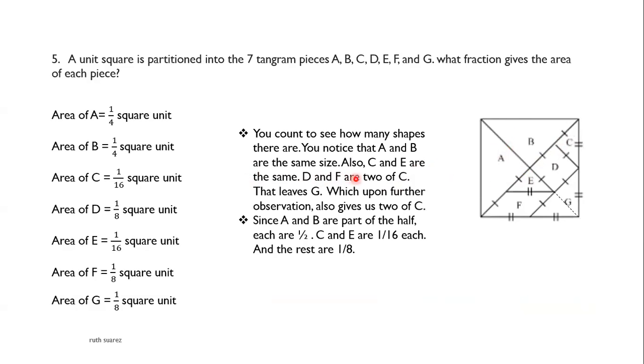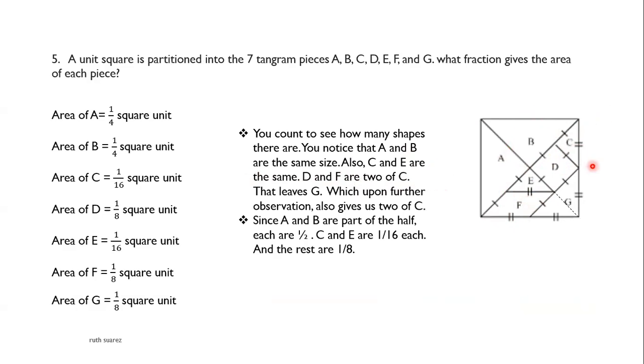D and F are 2 of C. So D, if you cut it in half, is going to give you 2 C's, so 2 triangles. And F, if you cut it like this, is going to give you, again, 2 C's.